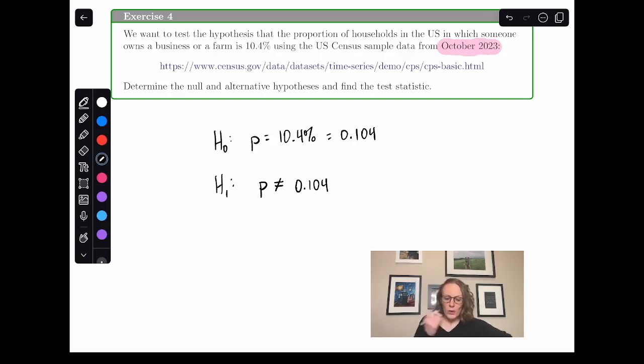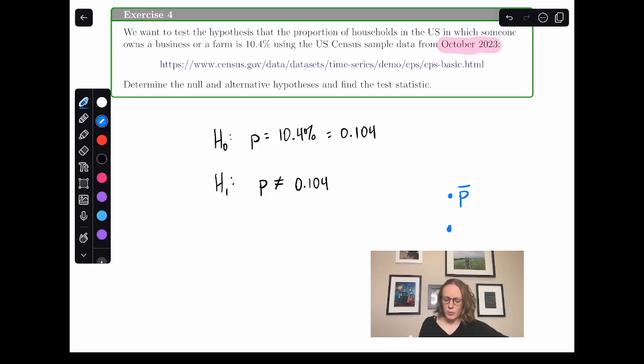So we want to then look at our sample and find the proportion in our sample. I'll call that a p-bar. That's our sample proportion. Using that sample proportion, we want to find the test statistic, which will be a z-value for that sample proportion.